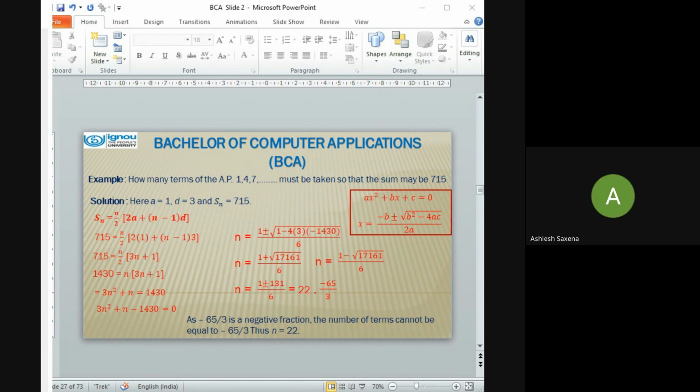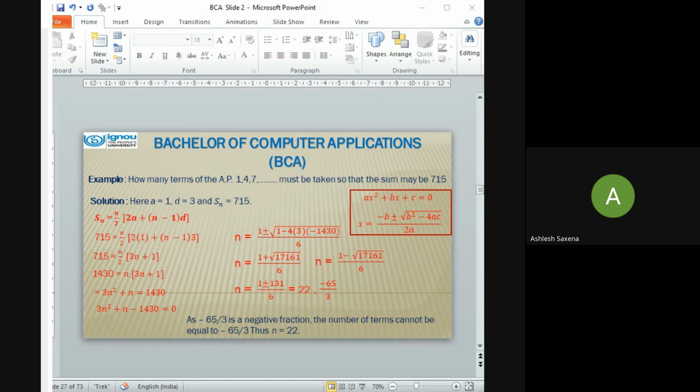Now while you are solving it, solve it very carefully, because you can see a number is very big, that is 1430. As you can see, the equation is 3n squared plus n minus 1430 equal to 0. This is a quadratic equation.